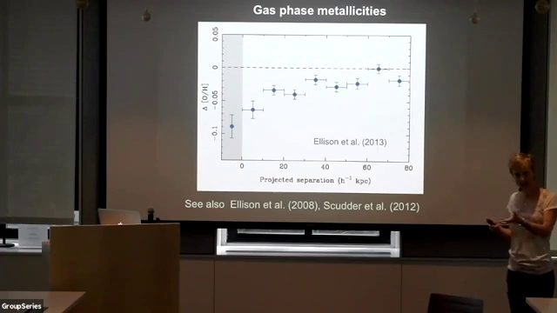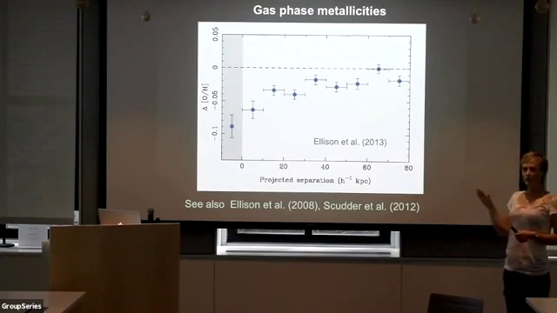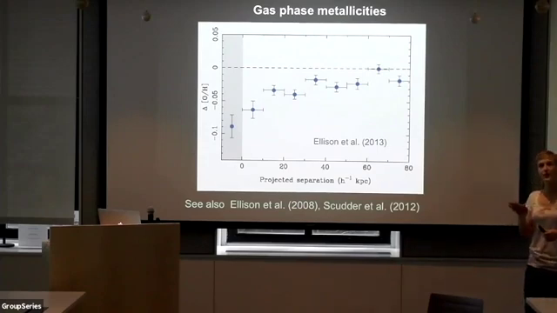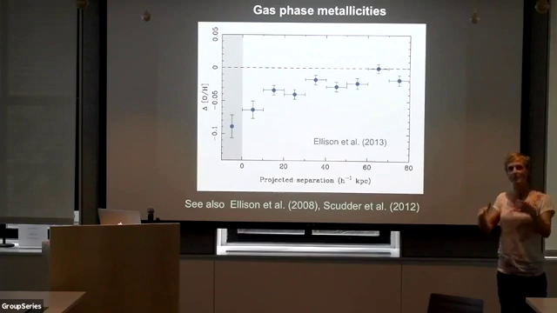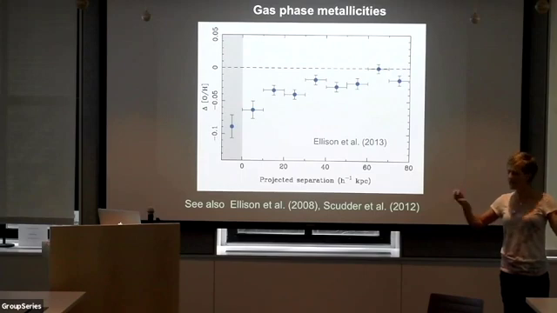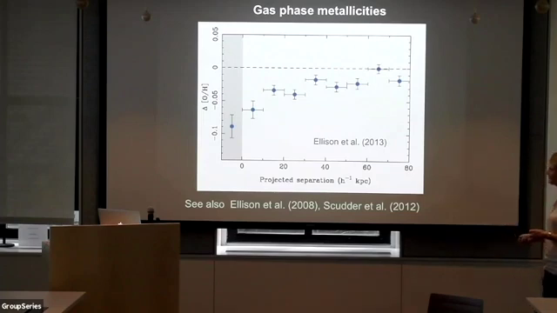You build up your gas in the center, you trigger a starburst. This should also have an effect on the central gas phase metallicity, because you're taking gas from the outer disk and funneling it to the center. And because galaxies have abundance gradients, such that they're more metal poor at the outside, you're taking gas that's more metal poor, putting it in the center, so you dilute the gas phase metallicity.